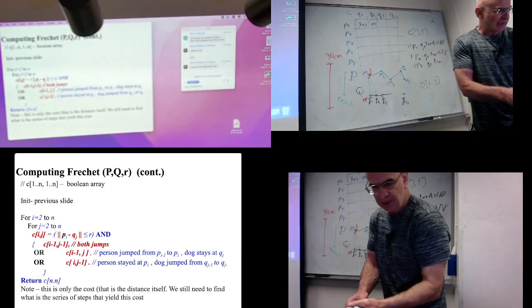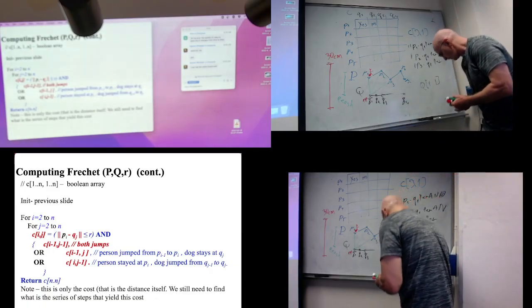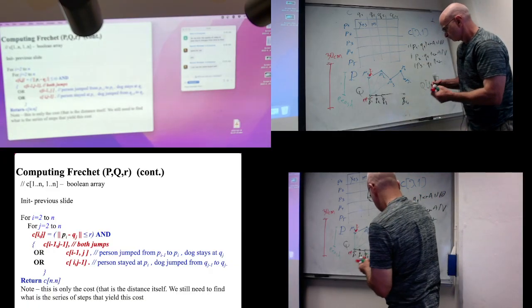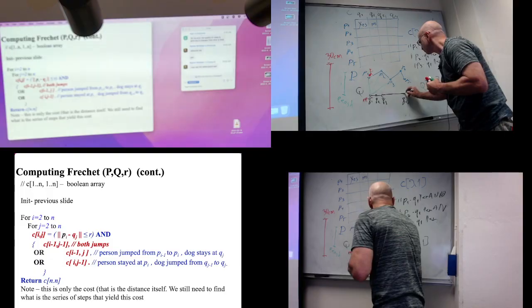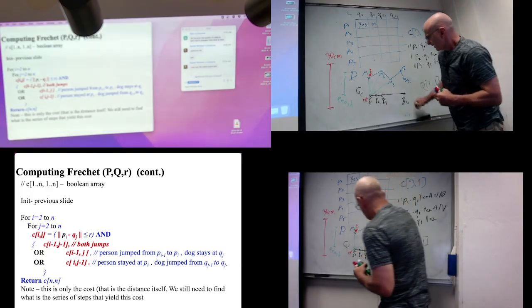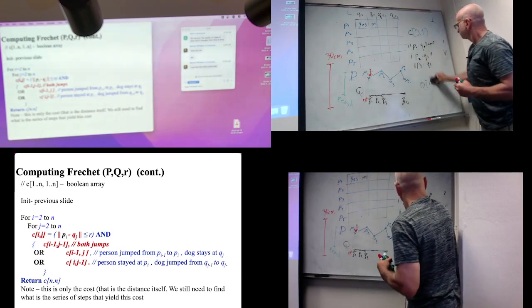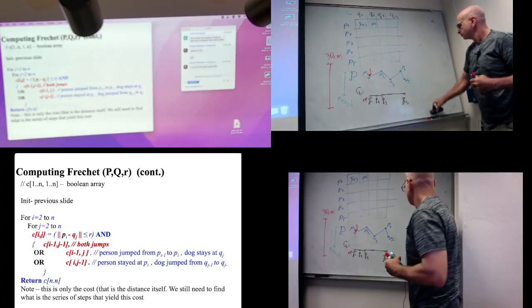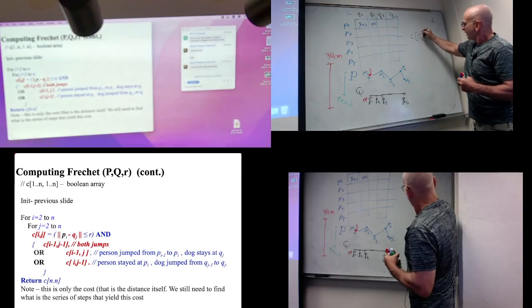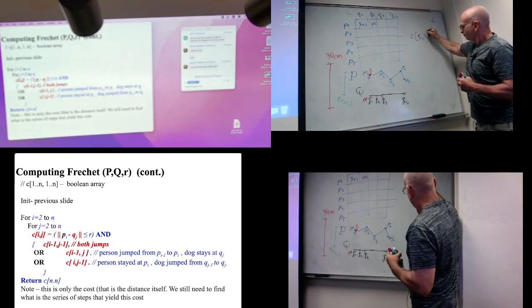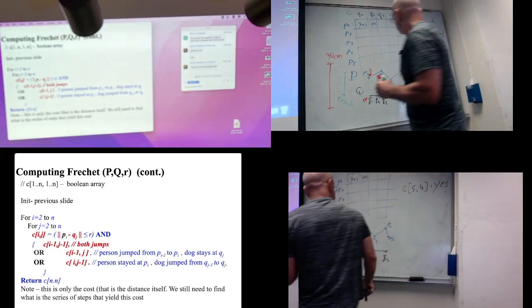In this example, to write that C5,4 is yes, maybe.